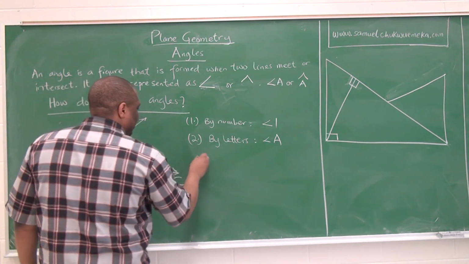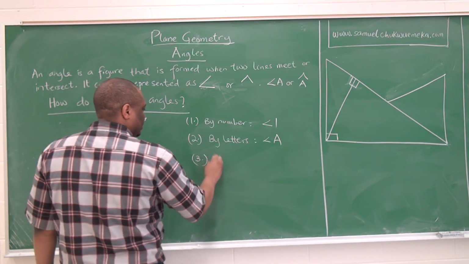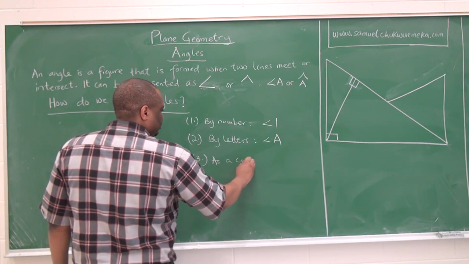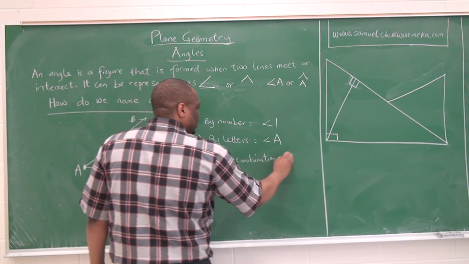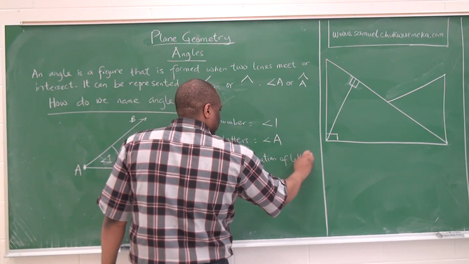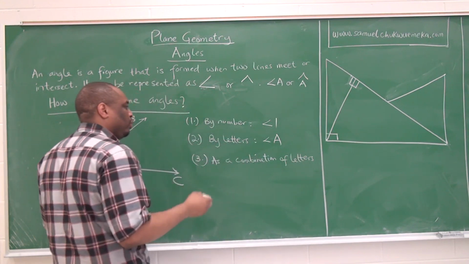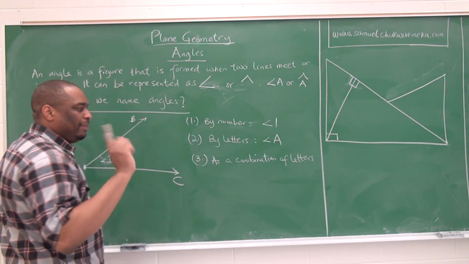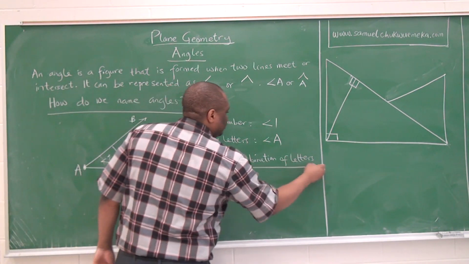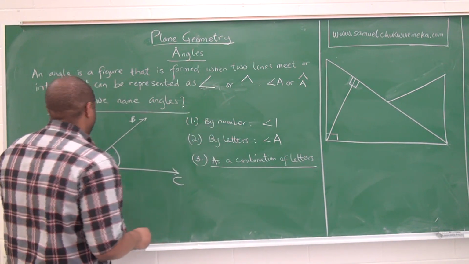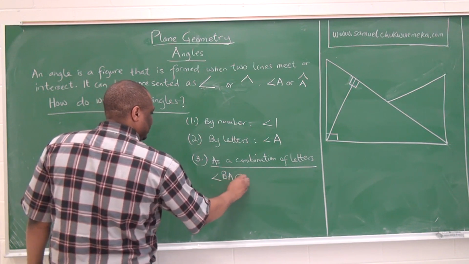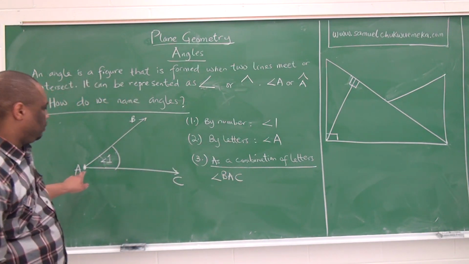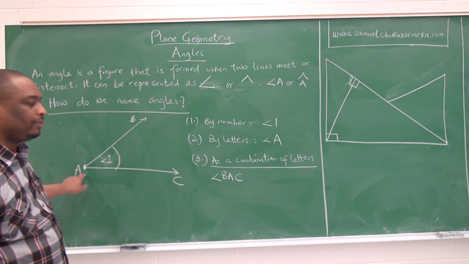Or I can name it as a combination of letters, but the symbol will come first. If you are using this, you have to go by this rule. I can say angle BAC, which means the A is in the middle.